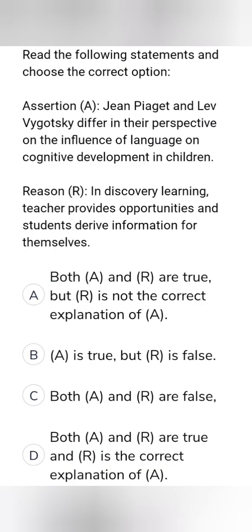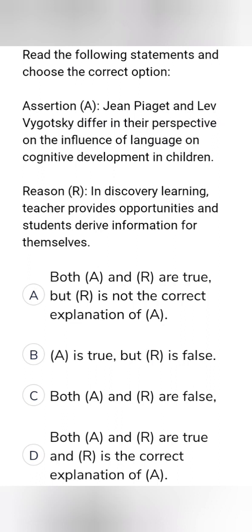Next question. Read the following statements and choose the correct option. Assertion A, Jean Piaget and Lev Vygotsky differ in their perspective on the influence of language on cognitive development in children. Reason R, in discovery learning, teacher provides opportunities and students derive information for themselves.